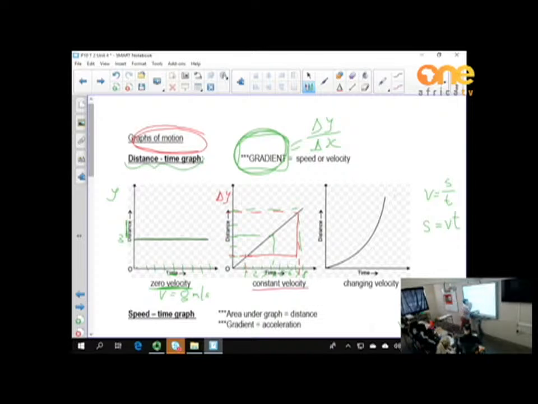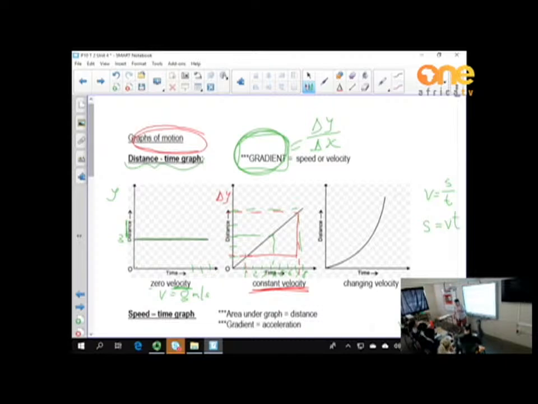Look at the velocity. Distance. Time. How do we work out speed? Distance divided by time. Here I have y divided by x is the gradient, which happens to be distance divided by time. So the gradient of a distance time graph gives me speed.